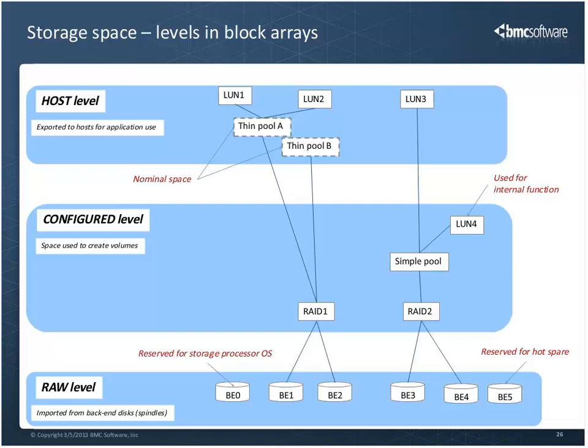On the right-hand side of this diagram, where you see RAID 2 and simple pool and LUN3, that's a more traditional way of looking at the data without thin provisioning, where you might find that the space in the simple pool is equal to the space in the RAID group, and LUN3 plus LUN4 is no more than the space available in the simple pool.